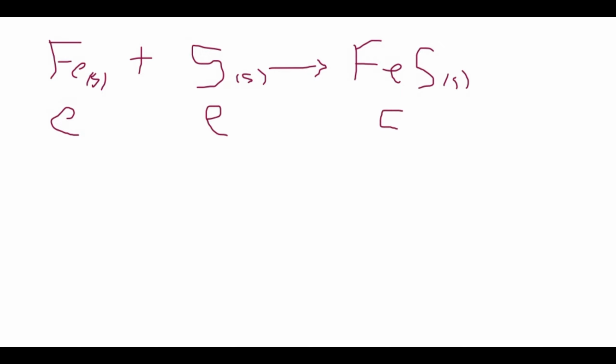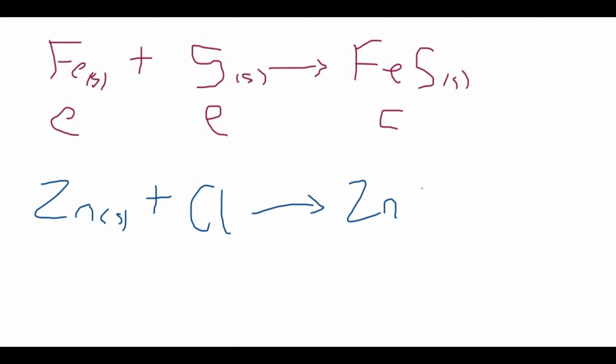Sorry for the mistake. Another example of a combination reaction is the reaction between zinc and chlorine. Zinc in its solid state reacts with chlorine to form zinc 2 chloride.